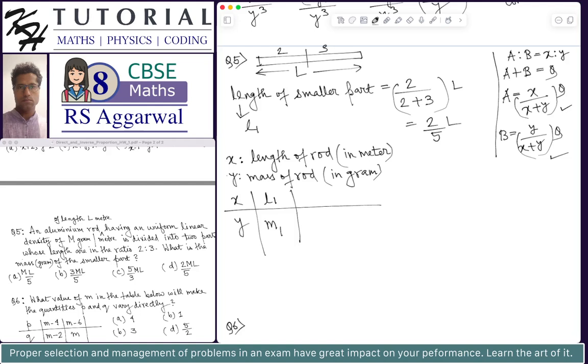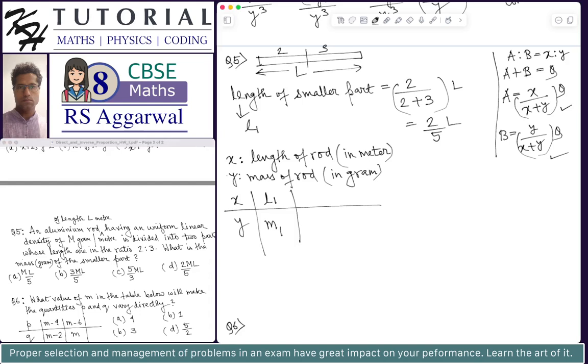Now also note that since it is given that the aluminum rod is having a uniform linear density of m gram per meter, it also says that 1 meter of the aluminum rod will have a mass of m gram.